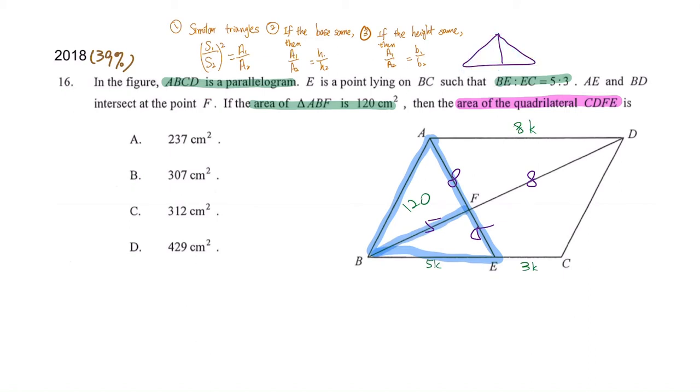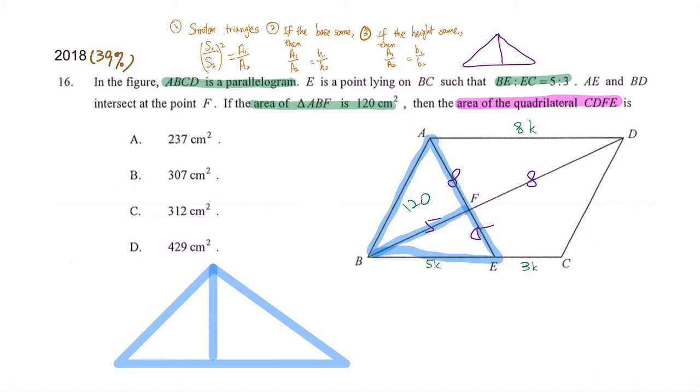So if we draw it separately, let me draw it nicely like this, and then we have a line inside. This side is 5, this is 8, this one we don't know, and this one is 120. So their heights are the same, but their bases are different.